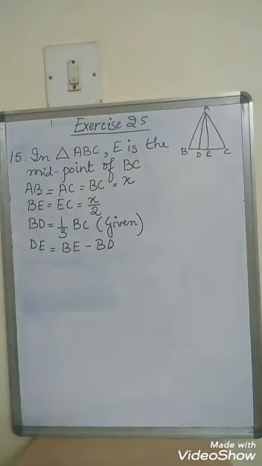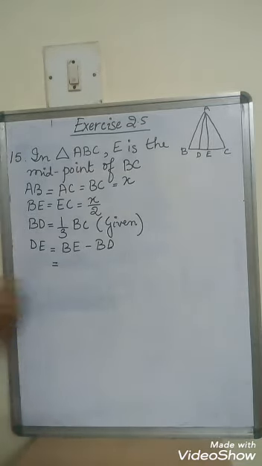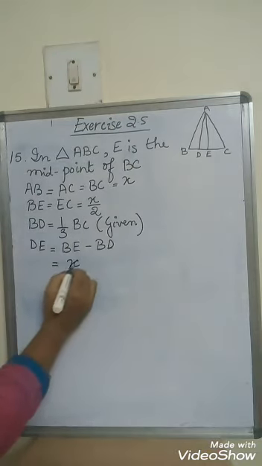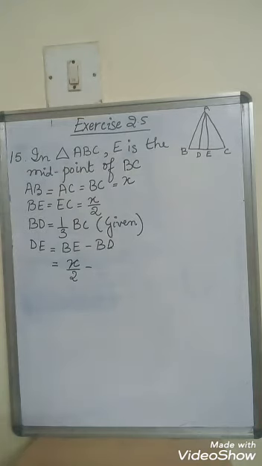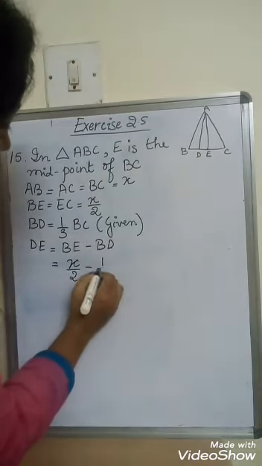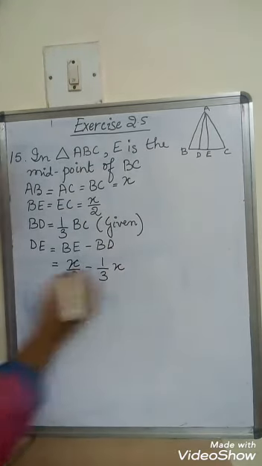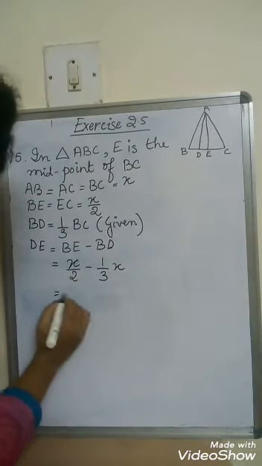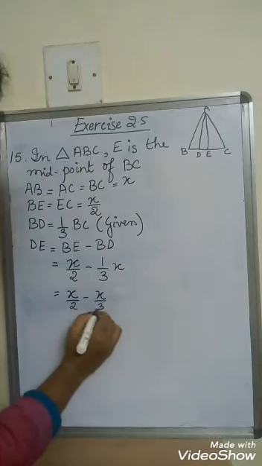Then what is the value? Let us put the value. BE value is X by 2 and BD value is 1 by 3 BC. BC is X. So we can write it as X by 2 minus X by 3.